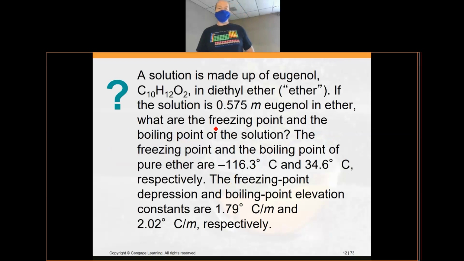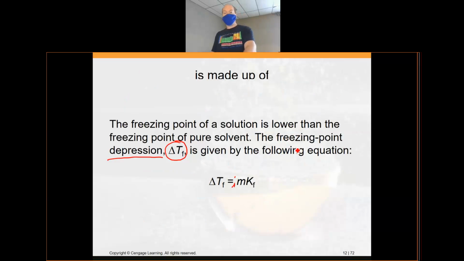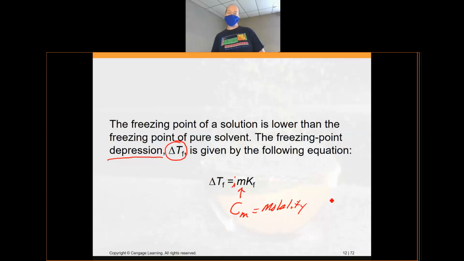All right, so when we have a problem on your C sub M here, when I write this, this is C sub M, which is molality, which is moles solute per kilogram solvent.